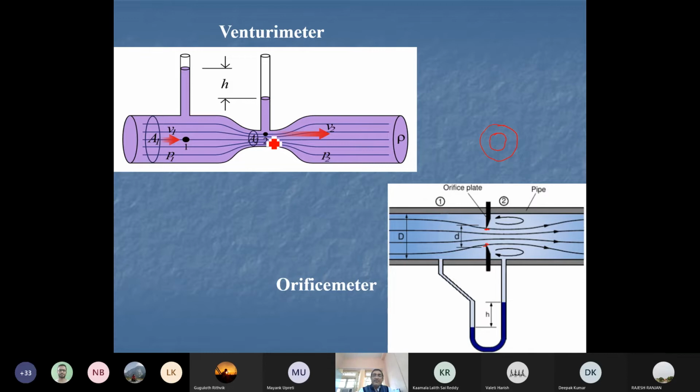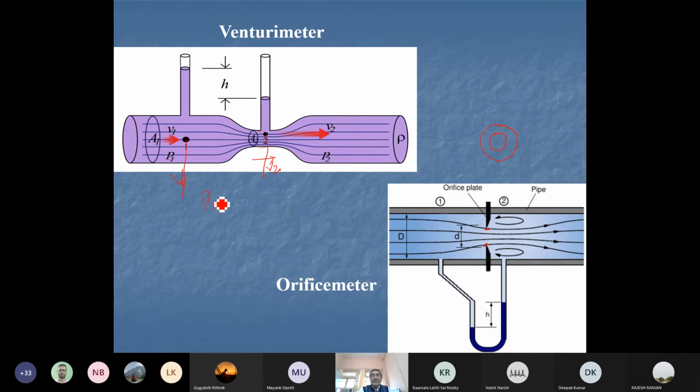If we are measuring flow here as well as somewhere upstream and comparing, because of the reduced diameter, velocity is increasing. Suppose this is section 2, V2, and we are taking velocity V1. So V2 is greater than V1, but P1 is greater than P2.